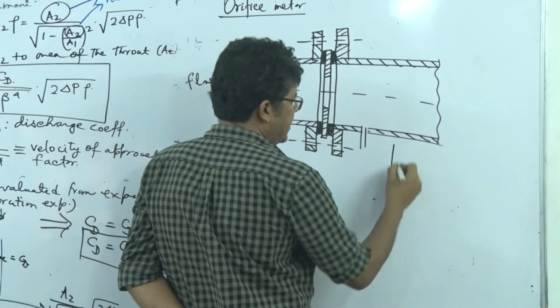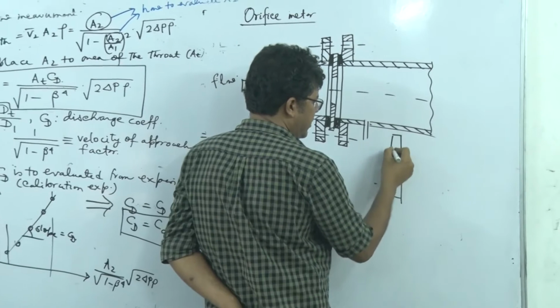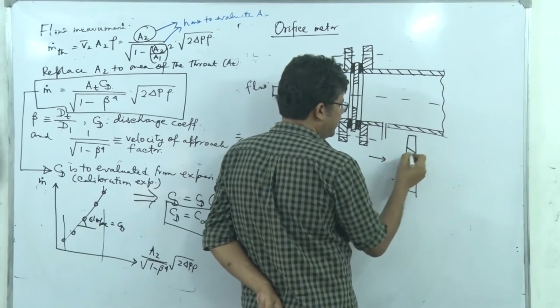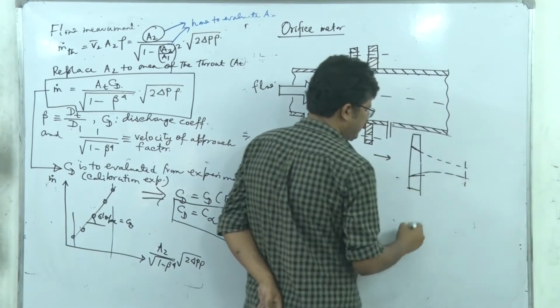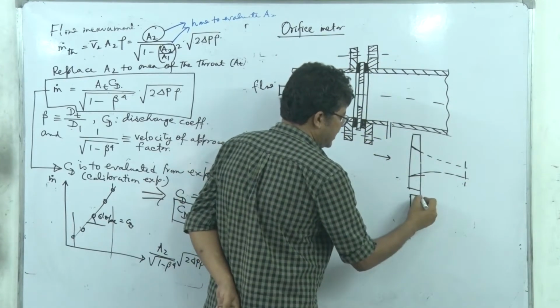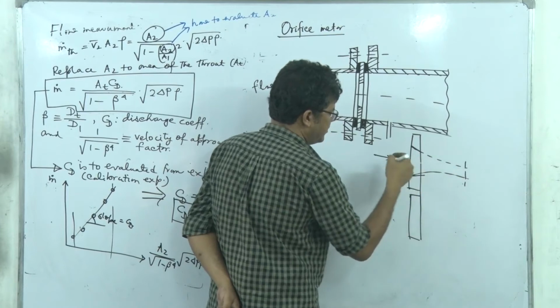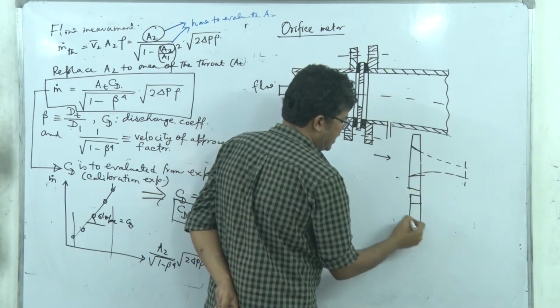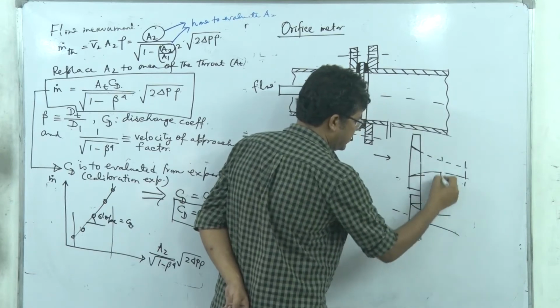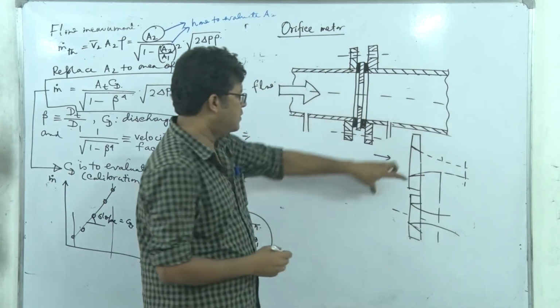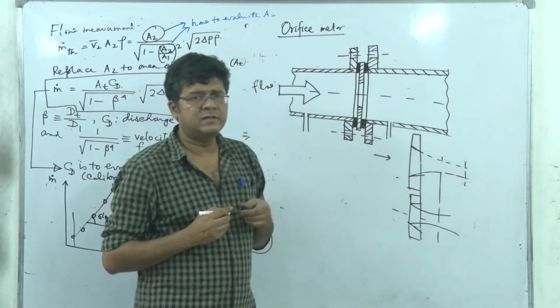See, if you bevel it inward, what will happen? The Vena Contracta's location will be far downstream, right? Or relatively far from the plate. But if you bevel it outward, the Vena Contracta will be somewhere here, right? So as you are reducing the distance, what will happen?